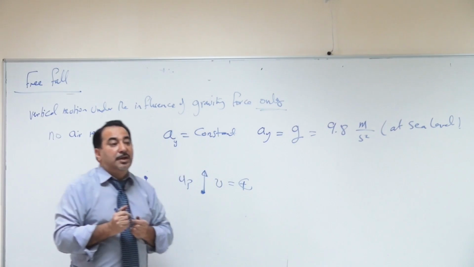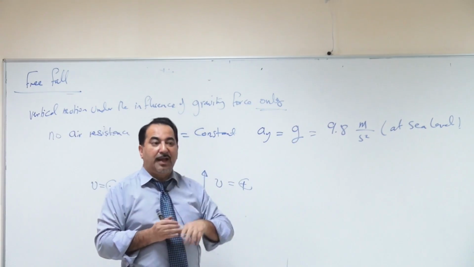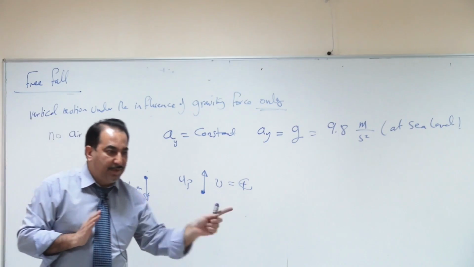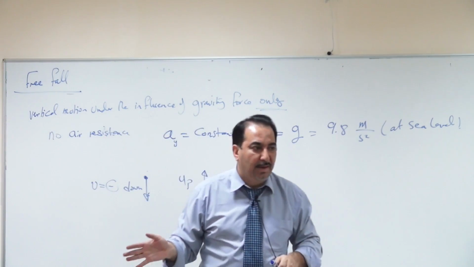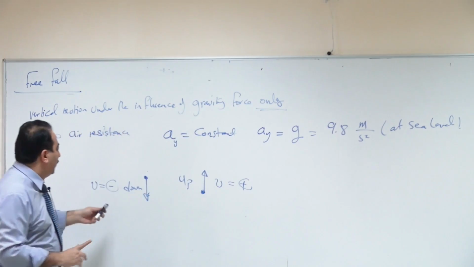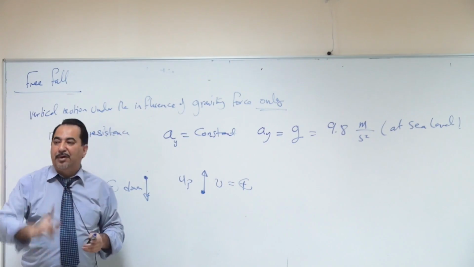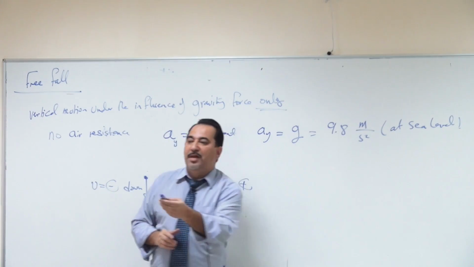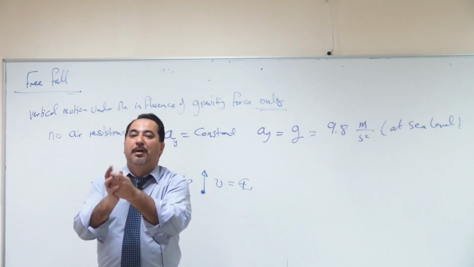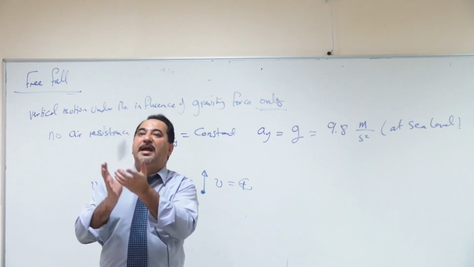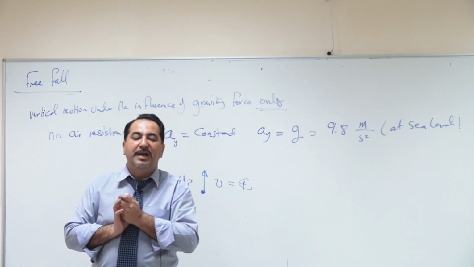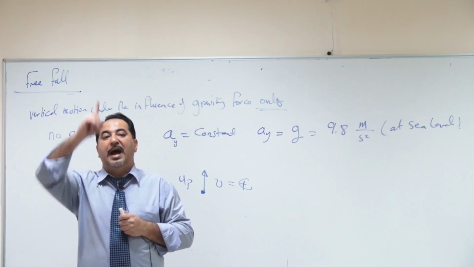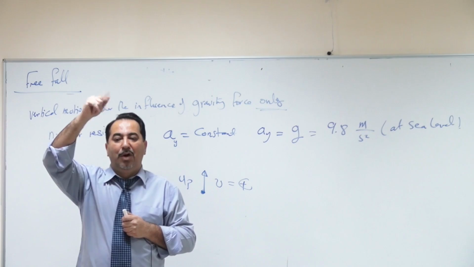Now, acceleration, we agreed, has direction: positive to the right, negative to the left. Now, where is my motion here? Right, left, or up and down? So when I throw the pen up, is g positive or negative? Is the acceleration of gravity up or down?